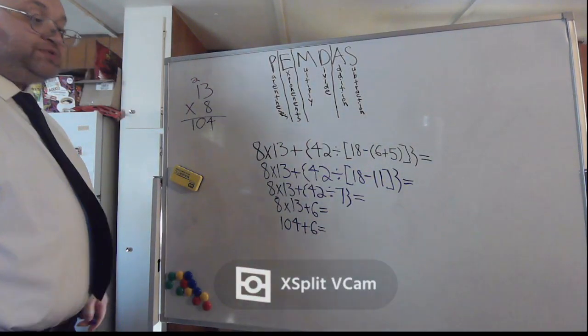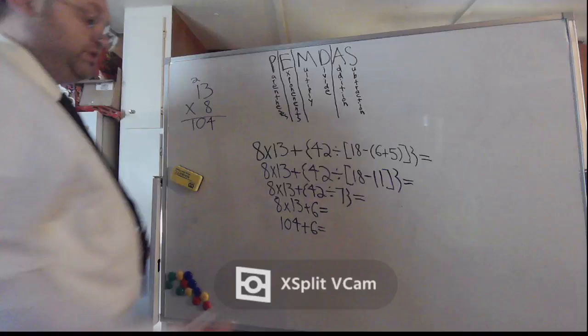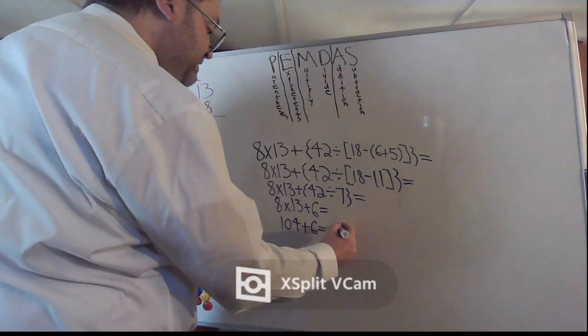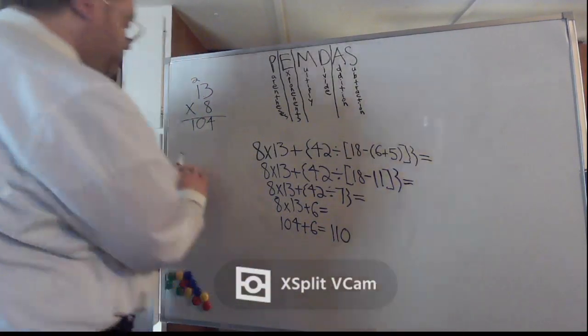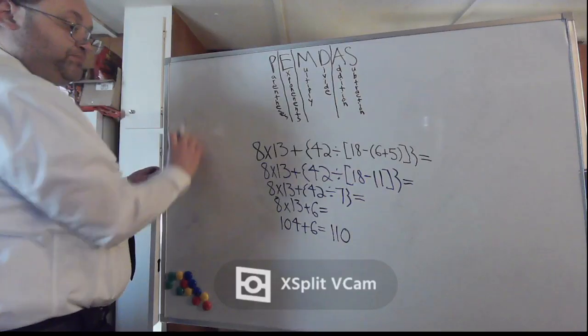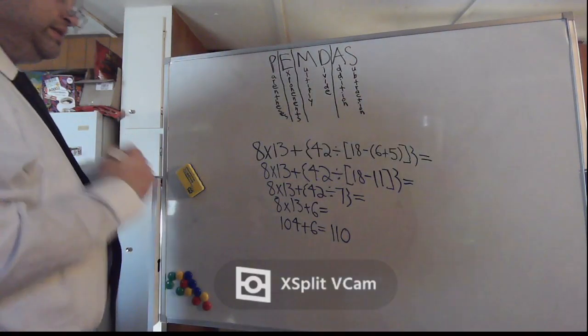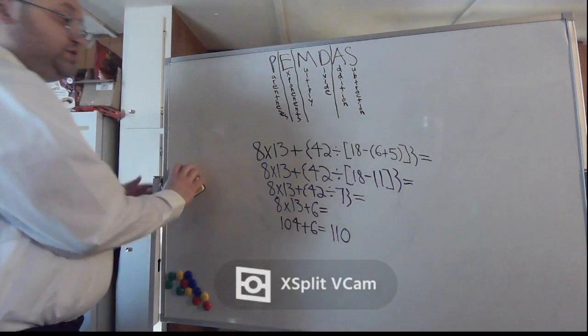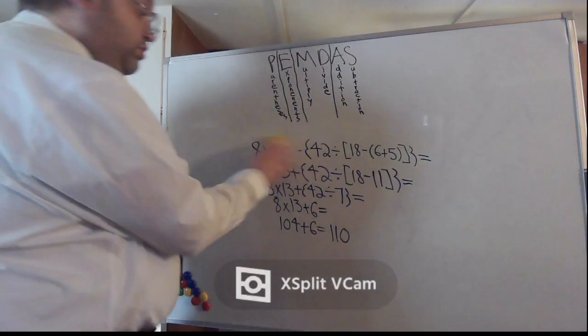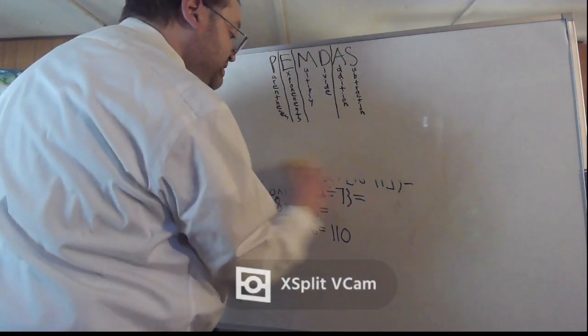All we're left with now is a simple addition problem. We will have, as our final answer, 110. 104 plus 6 is 110. And so that's really how you do order of operations.